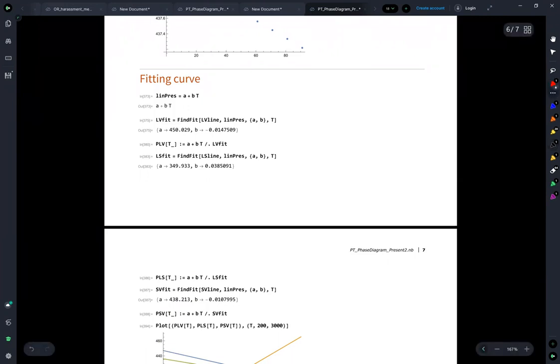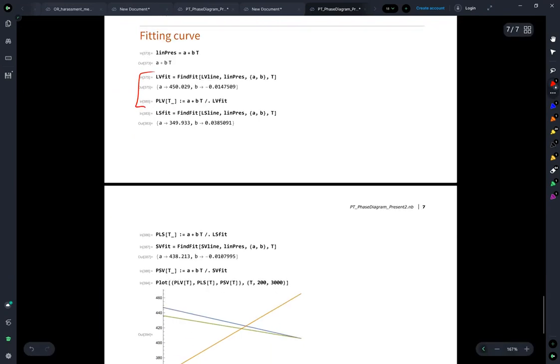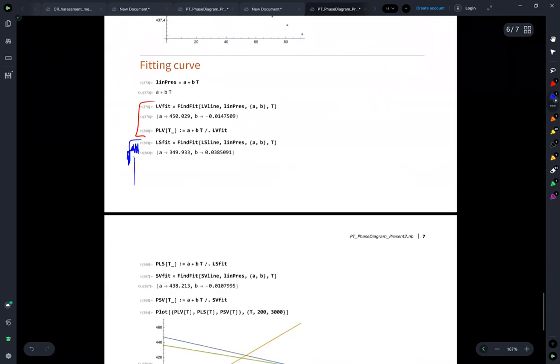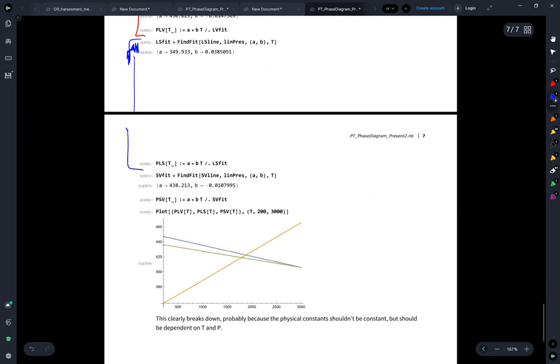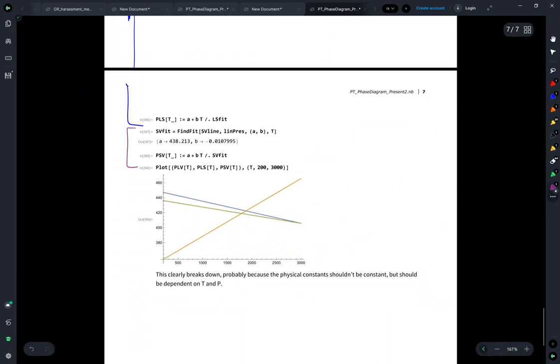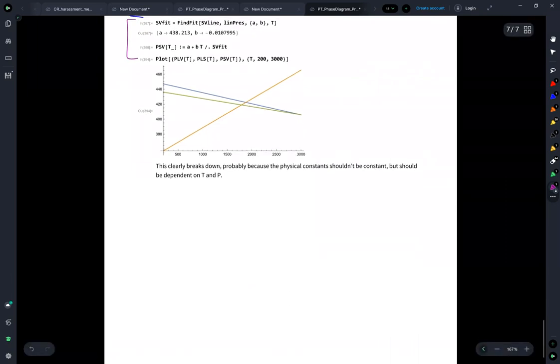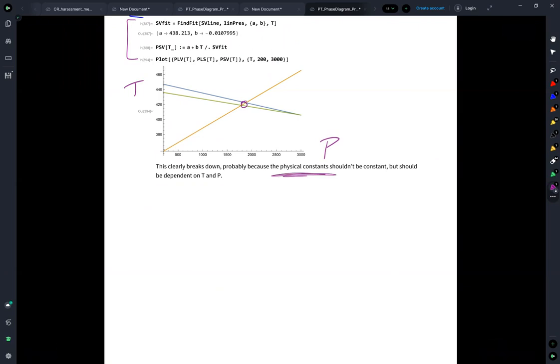So for each of these, LV and liquid solid and solid vapor. And this is where things start breaking down. Again, this is temperature versus pressure. These do not come to a single point. And that's because our physical constants are not constant.